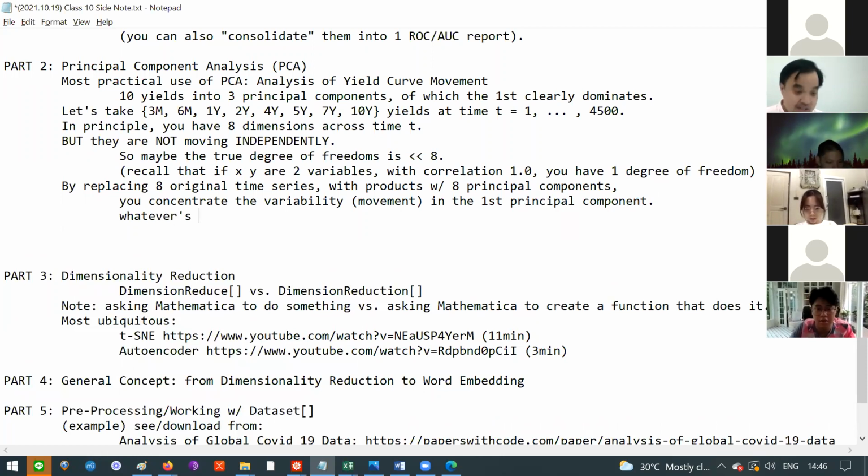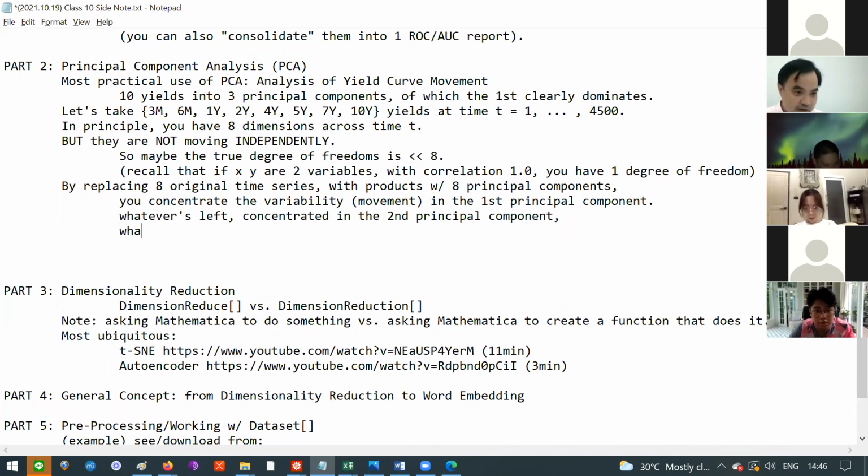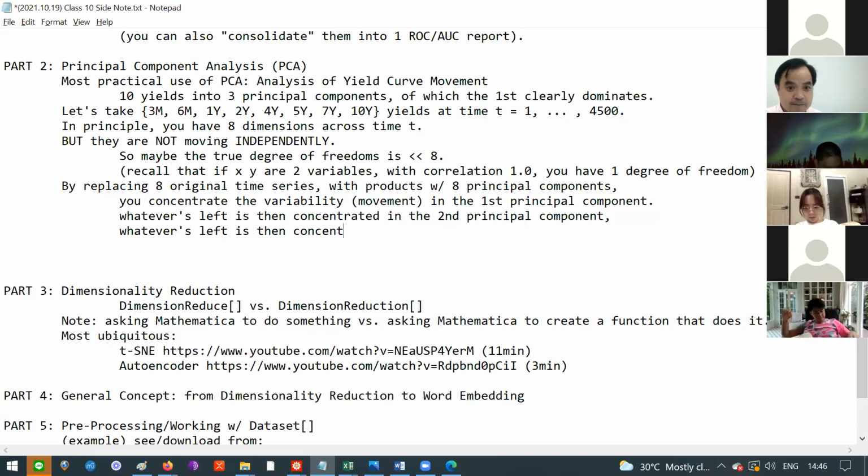Whatever is left is concentrated in the second principal component, and then whatever is left can concentrate in the third principal component.